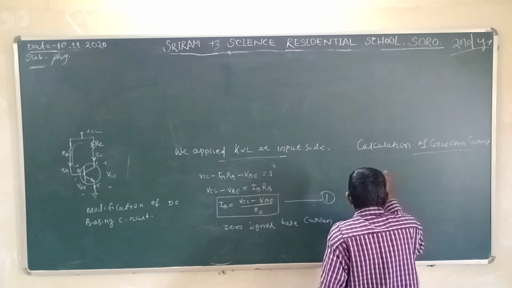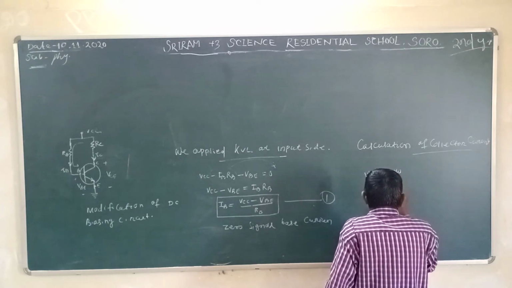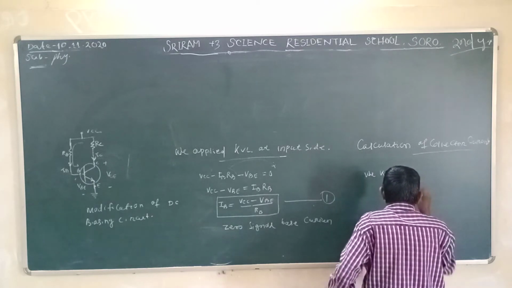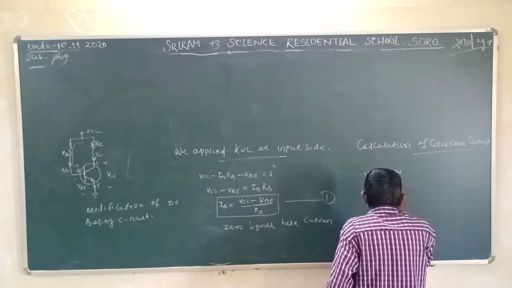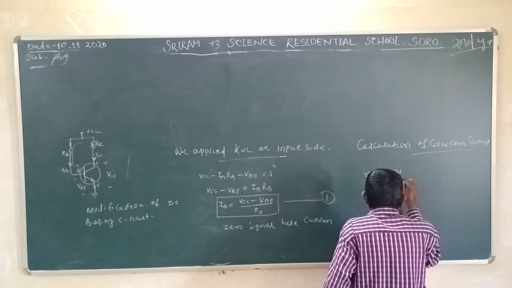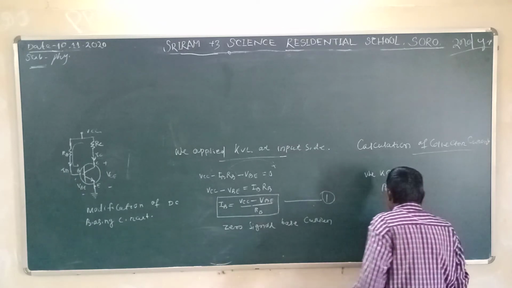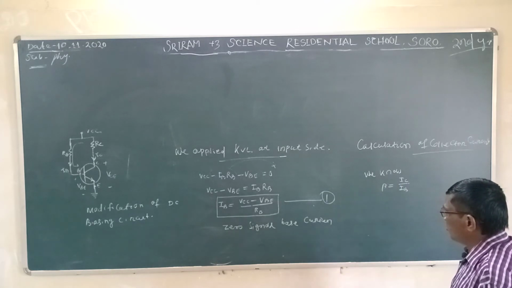We know beta equal to IC by IB. This relation was discussed in your previous class.